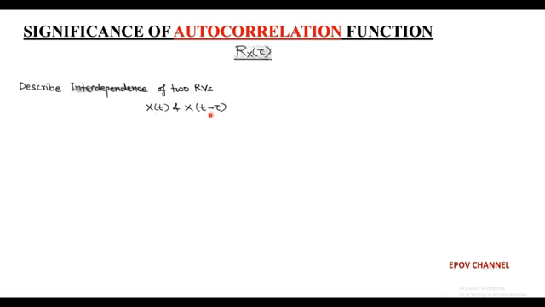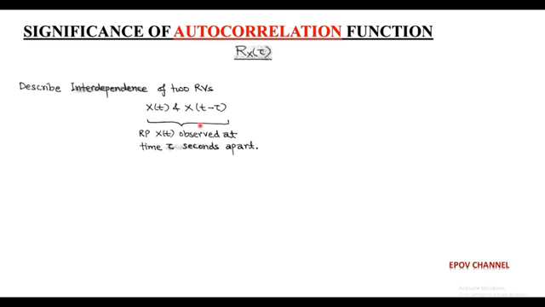Now after delay time of tau second, the random process is given as capital X function t minus tau. So the random process x function t changes to random process x function t minus tau, and the interdependence between these two random processes is given by autocorrelation function.